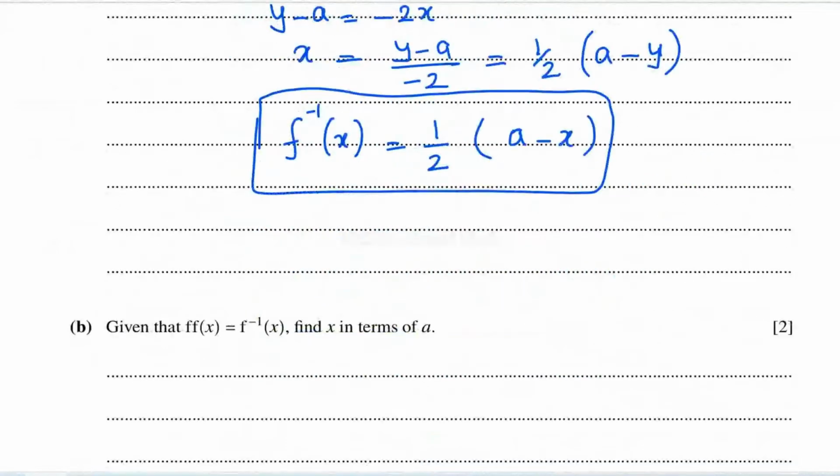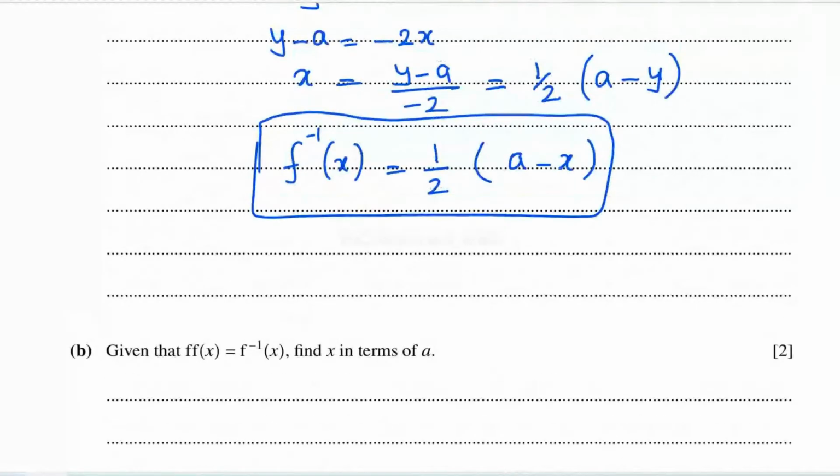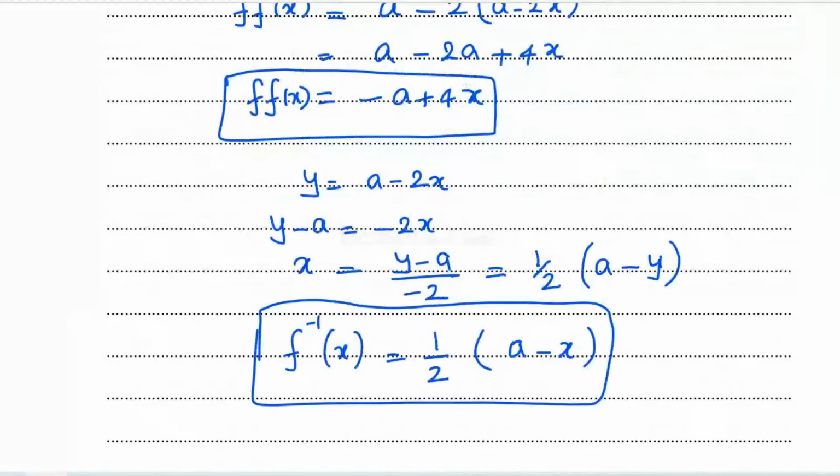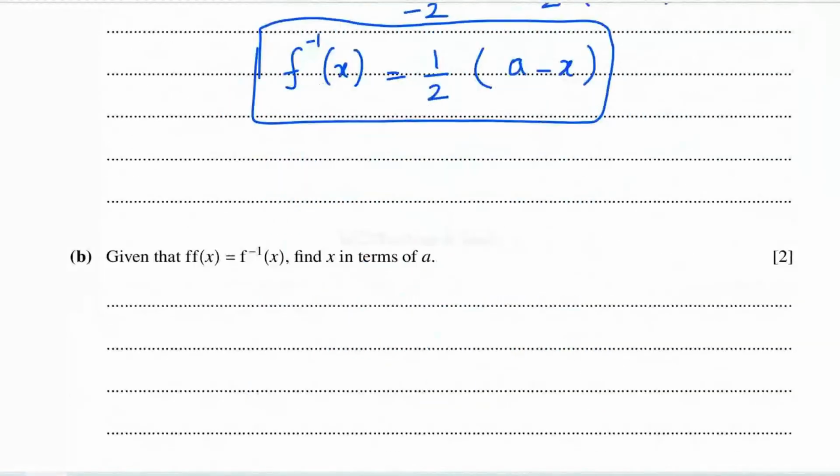The next part of the question is given that f of f of x equal to f inverse of x. Find x in terms of a. So f of f of x equal to minus a plus 4x. f inverse of x is 1 over 2 multiplied by a minus x. Now we need to find out what is x.